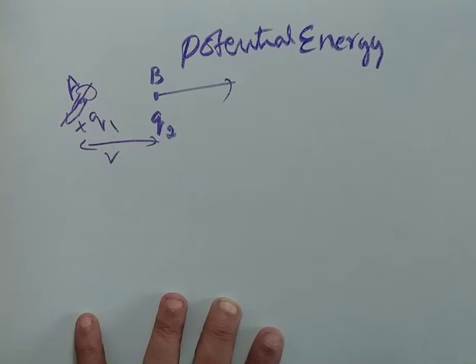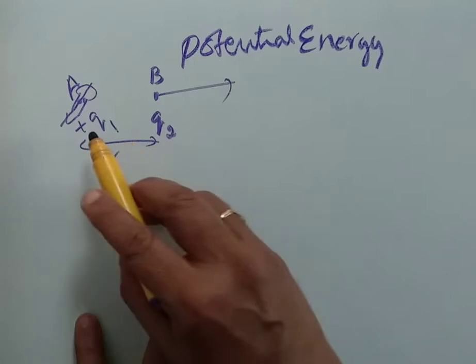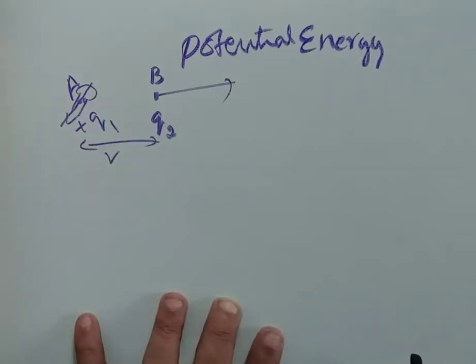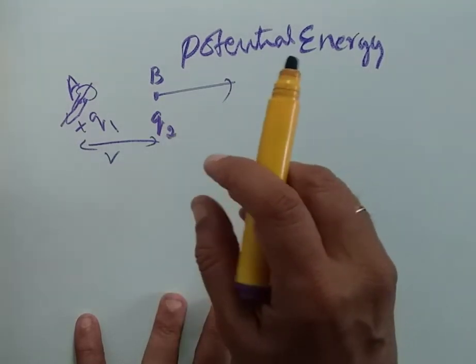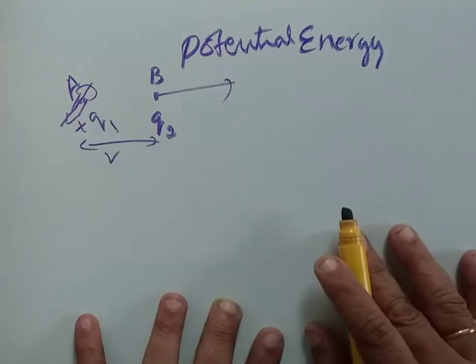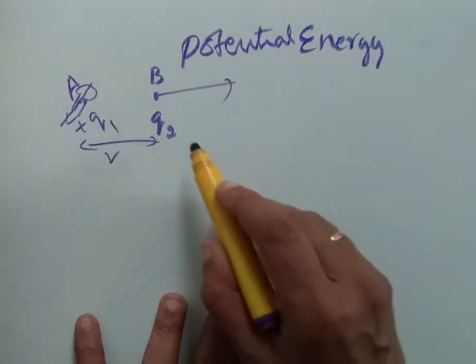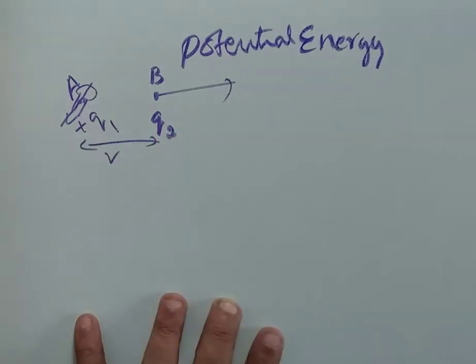Because of that work, some energy is spent, and that energy is stored in the system of two charges Q1 and Q2. That energy is manifested as soon as you remove the constraint on Q2. If you are holding it and you leave it, it starts flying off with kinetic energy. That shows clearly this system of Q1 and Q2 has some potential energy.